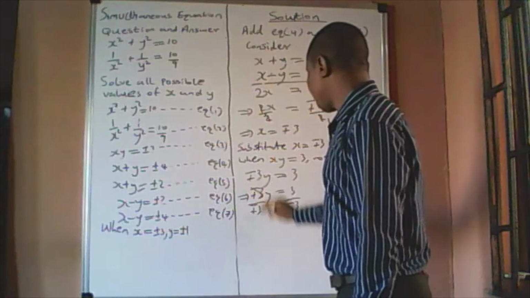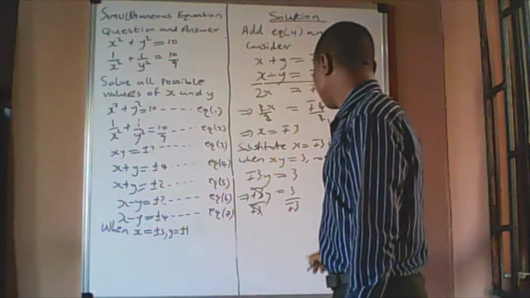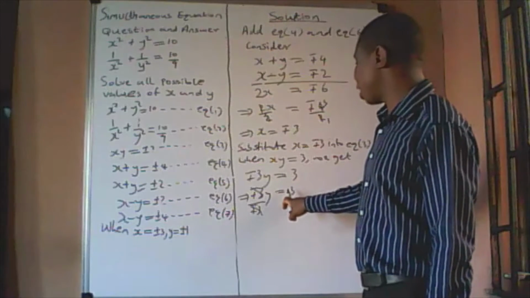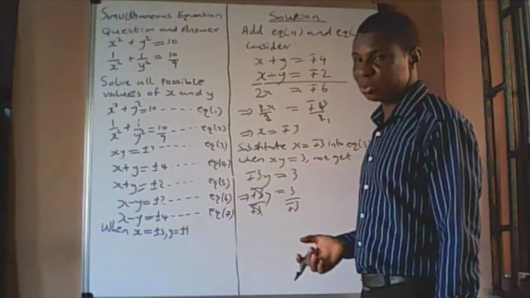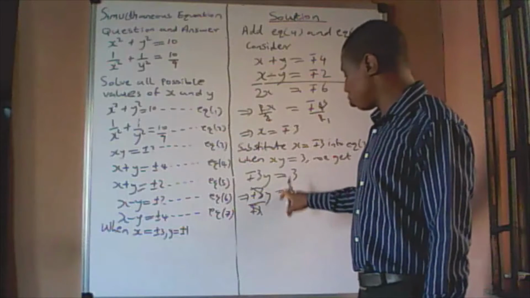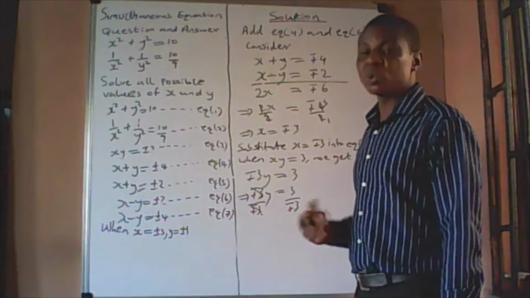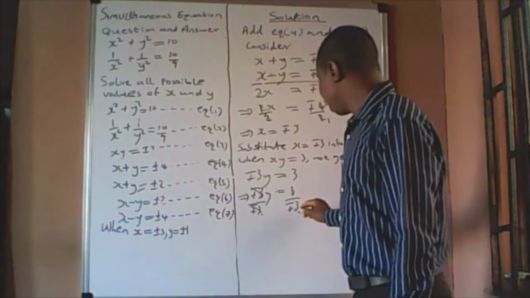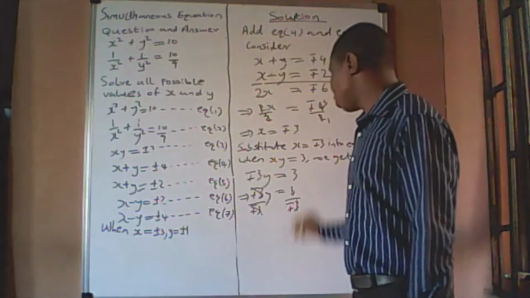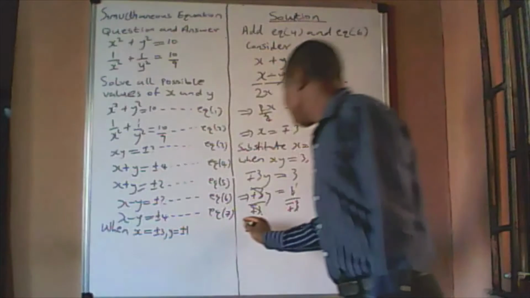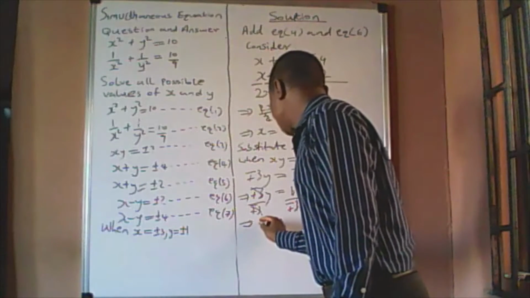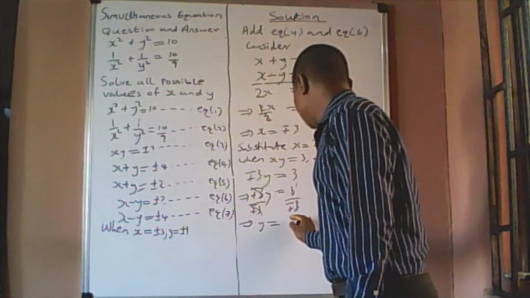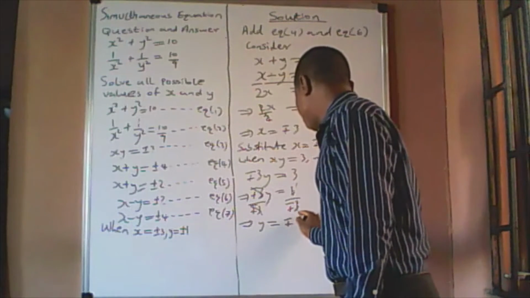Minus or plus 3 we cancel minus or plus 3. Here you have plus divided by minus will give us minus. That means 3 divided by 3 is 1. It implies y is equal to minus or plus 1.